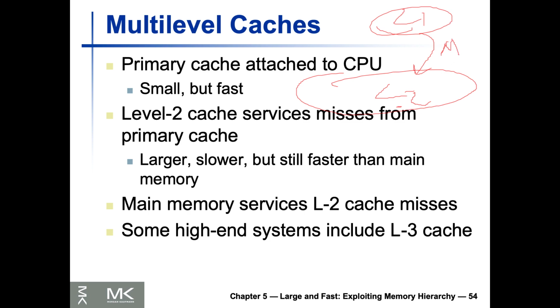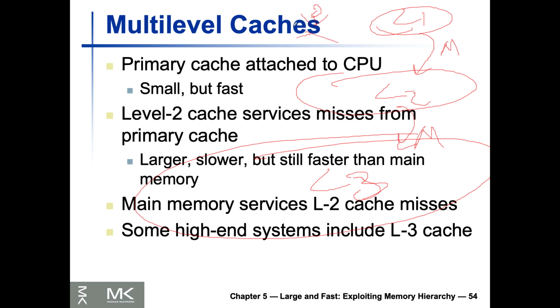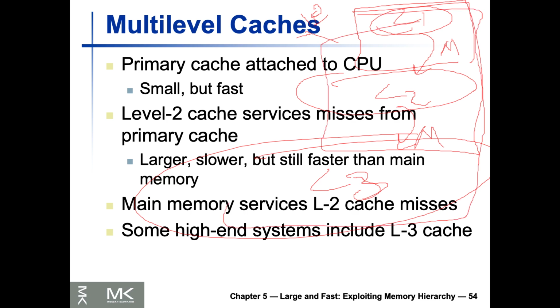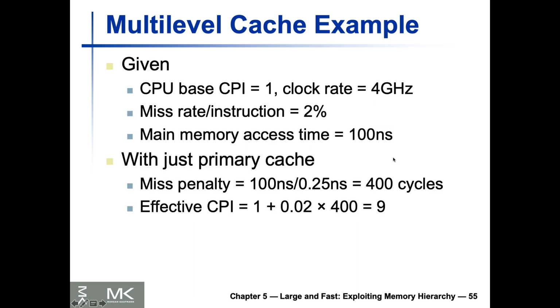Then if you didn't find it there either, and you go into L3, which is larger, there is another miss. So you are paying one miss here, one miss there, and then one miss on the third level, and you have to add them up together. We're going to see some examples on this.